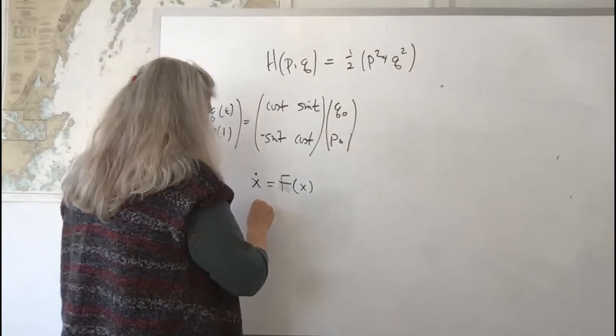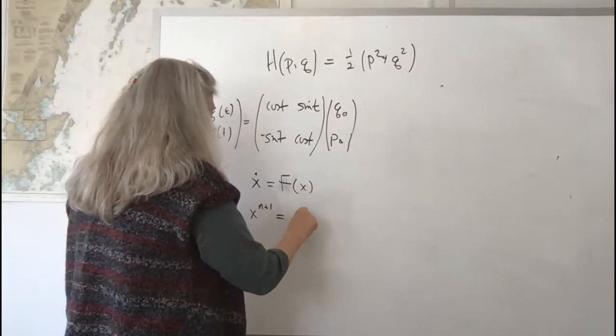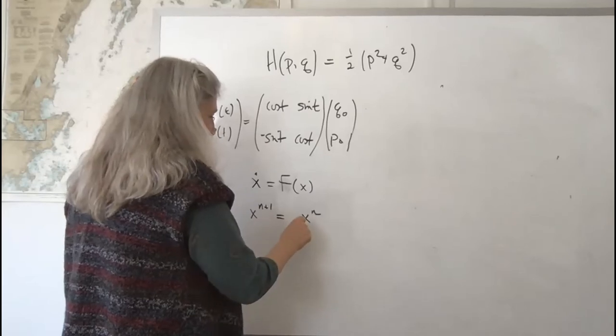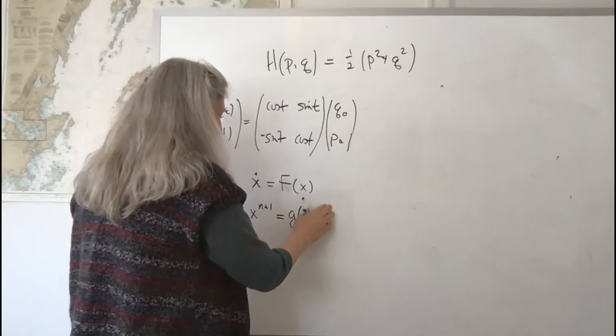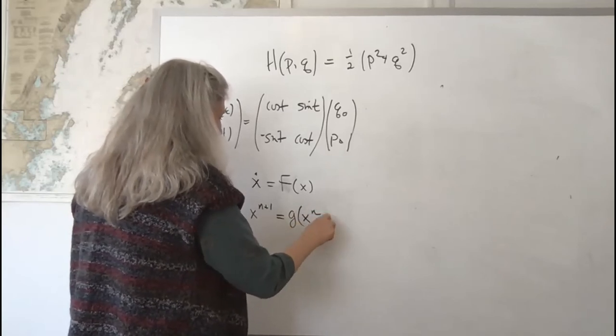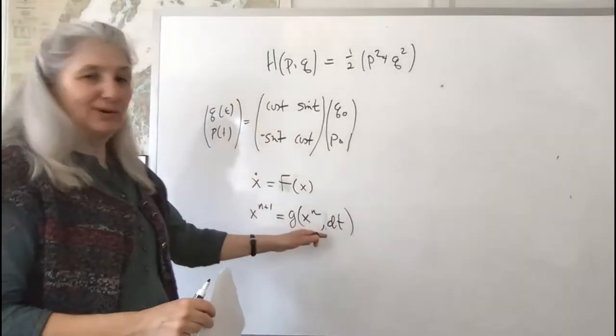We had a way of writing x to the n plus 1 as something that depends on x to the n, and also depends on the time step. So that was the way we wrote a scheme.